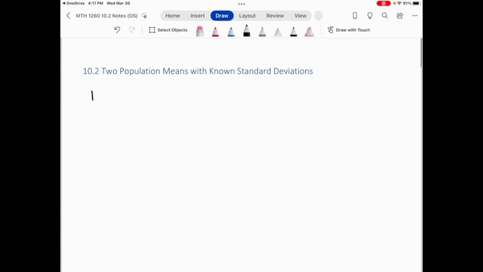In this lesson, we are going to talk about testing two population means when we know the standard deviation for the population.